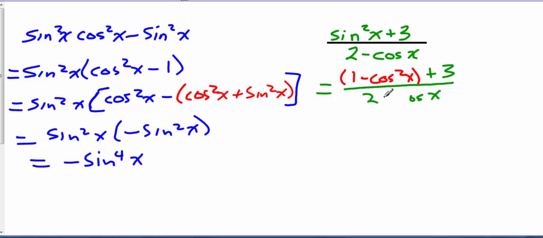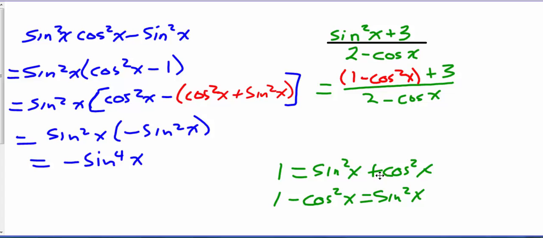Now, really, whether it's going to help, again, initially I don't know. But it's the only thing I can think to do here is just try to get coses in the question. So just in case that wasn't clear, 1 is equal to sine squared plus cos squared. Subtract the cos squared from both sides, and we end up with 1 minus cos squared is equal to sine squared.